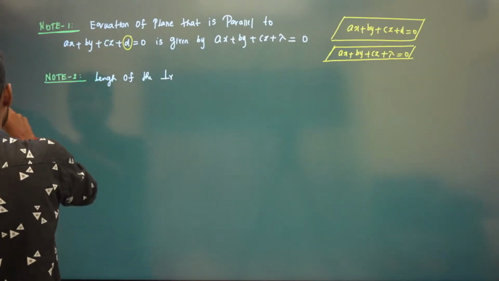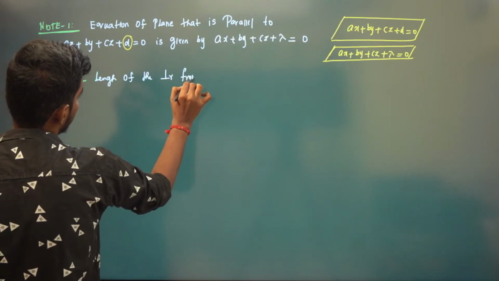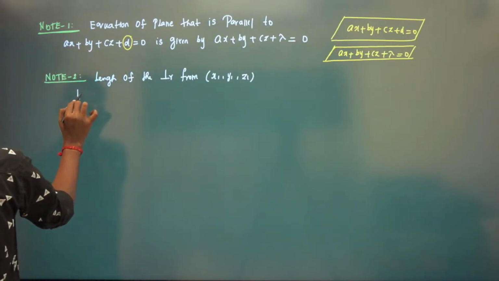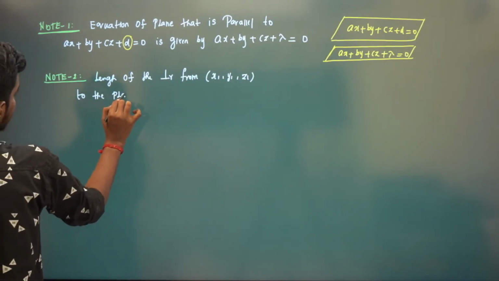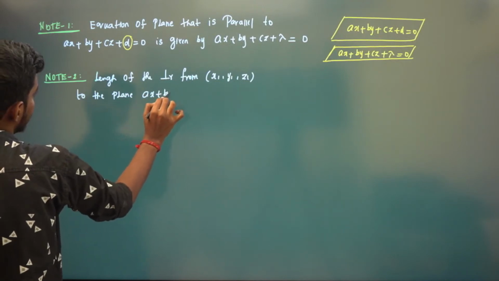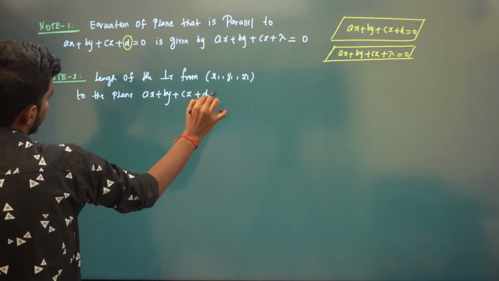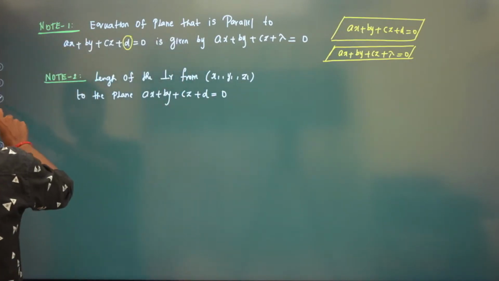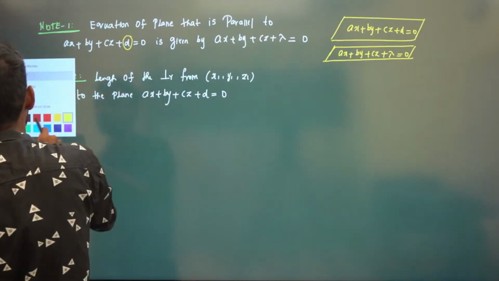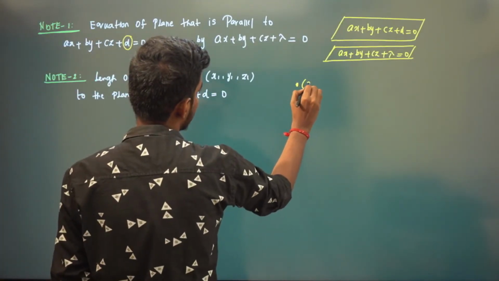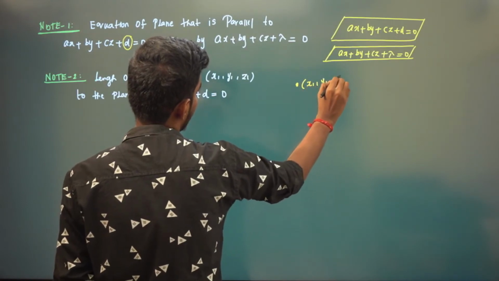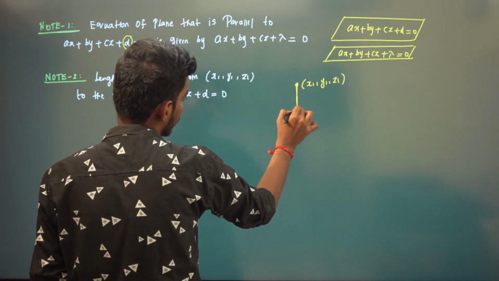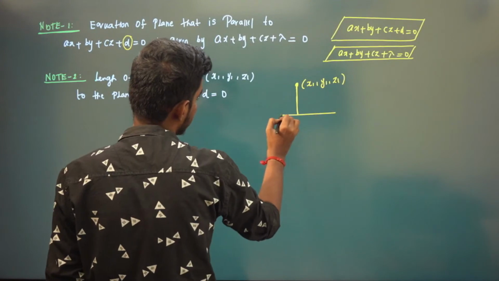The length of the perpendicular from a point x1, y1, z1 to the plane ax plus by plus cz plus d is equal to 0. So we have a point x1, y1, z1, and we're going to find the length of the perpendicular from this point to the plane.